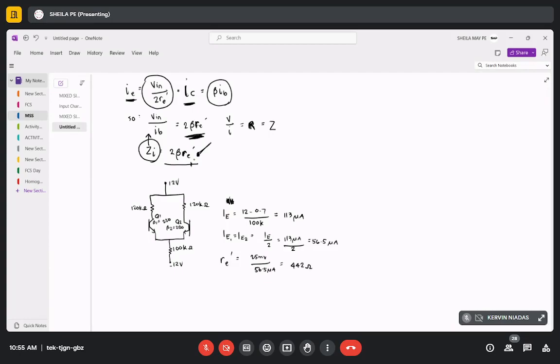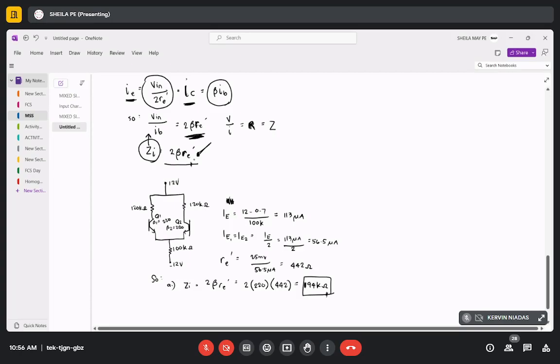Since we have our RE prime or our AC emitter resistance, we can then find our input impedance. So input impedance ZI is twice of our beta RE. So twice of our beta, which is 220, our RE, which is 442, we can have 194 kilo ohms. So that's our input impedance.